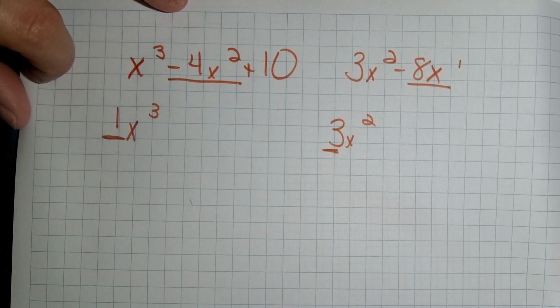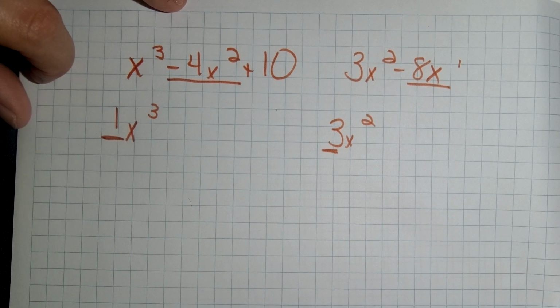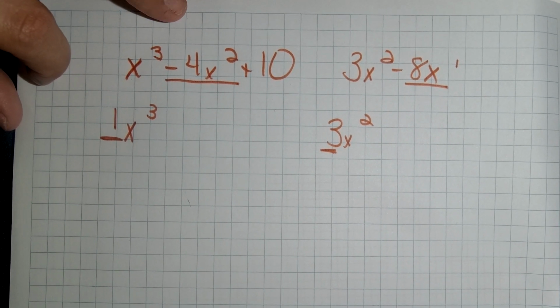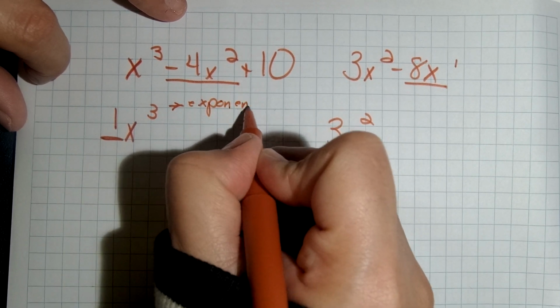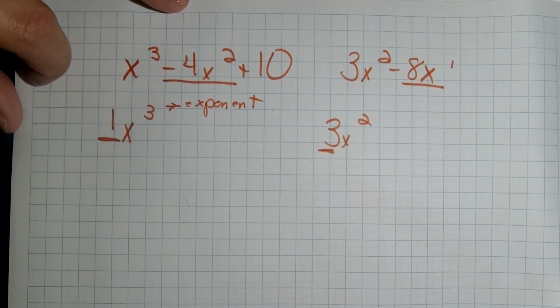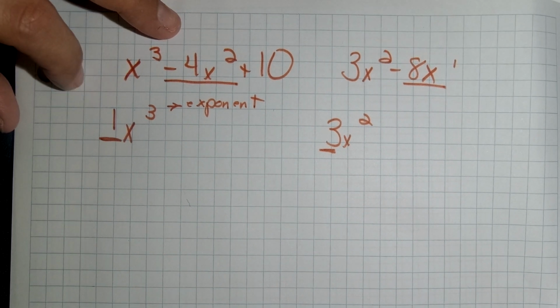What's the 3 called in math? Yes, it's cubed. Well, what if there's any number there? What's it called? Exponent. Good. What is the number in front of the variable always called?